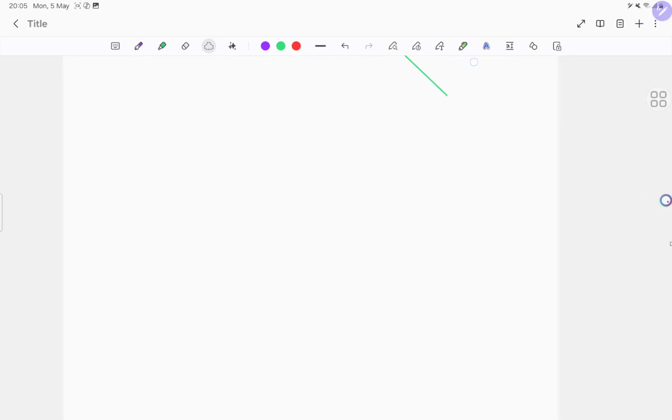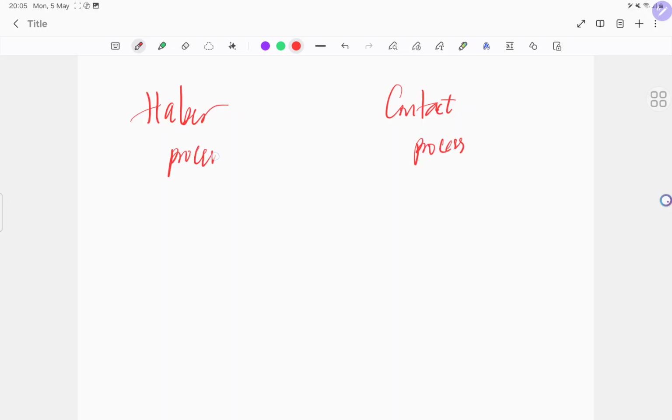Okay. So there are two types of processes here: the Haber one and the contact one.